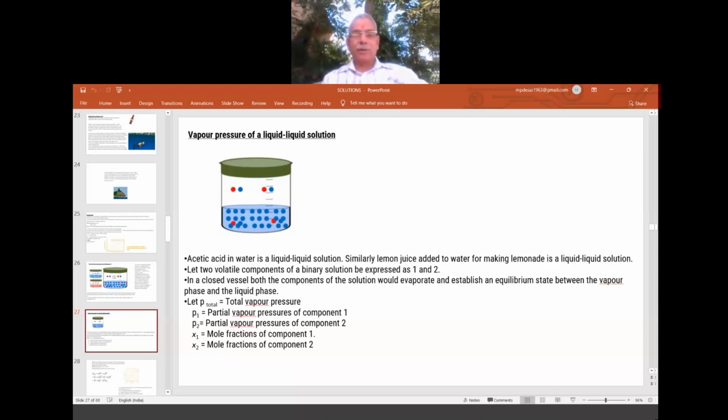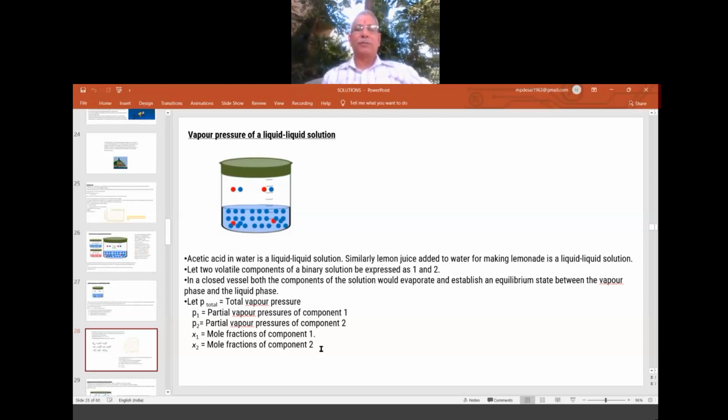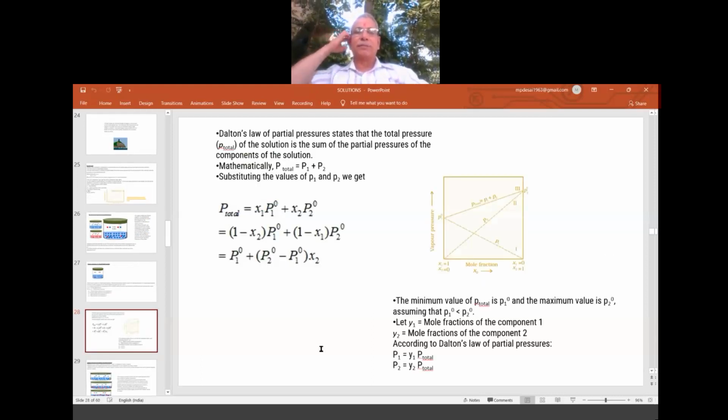P1 is the partial vapor pressure of component 1, one liquid, and P2 is the partial vapor pressure of the second liquid. X1 is the mole fraction of the first liquid or component, and X2 is the mole fraction of the second component. Now, for the mathematical equation, what is it?